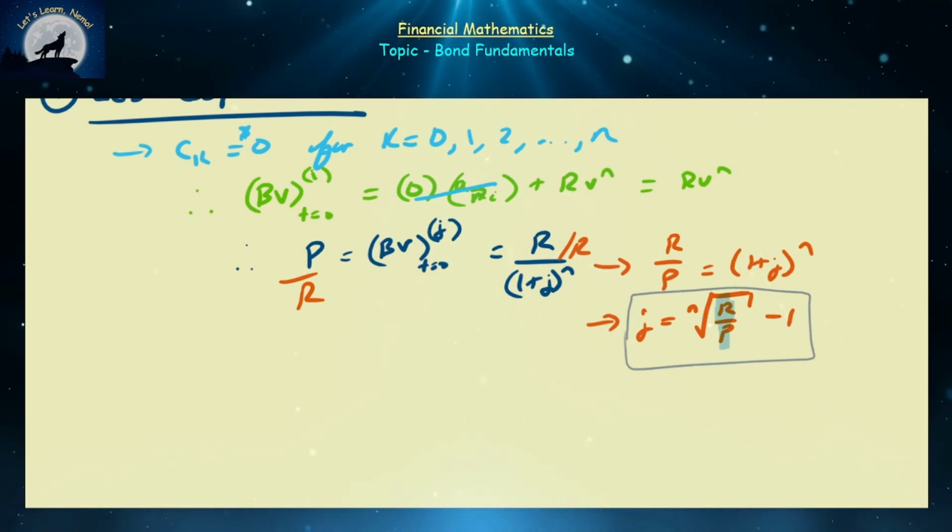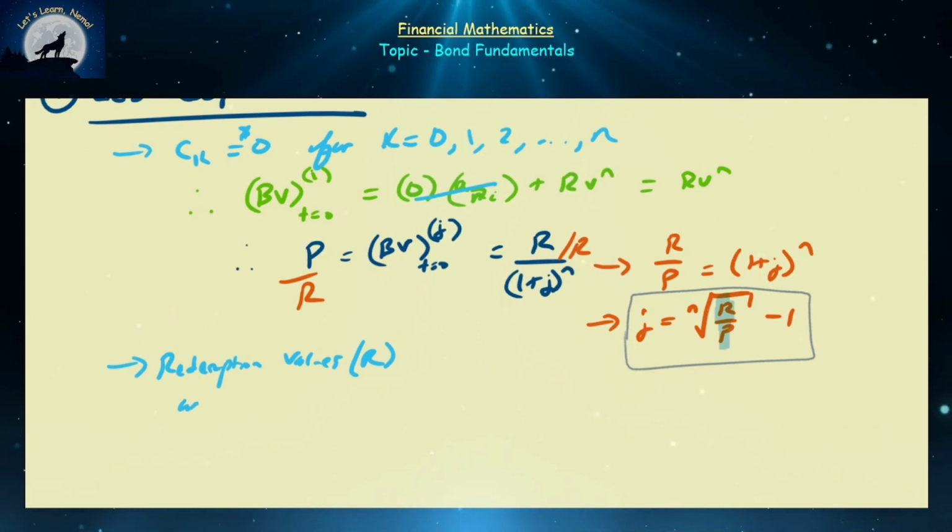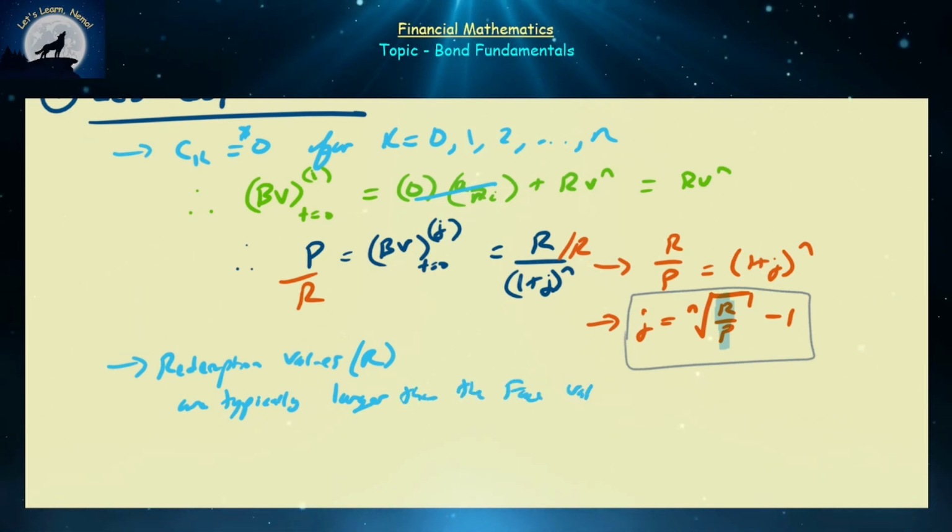But obviously, if you lend somebody $500 today and they only give you $500 5 years later, that doesn't really make sense. So redemption values, at time t equal to n, are typically larger than the face values F. That is, R is typically greater than F. Else, what's the point, right?